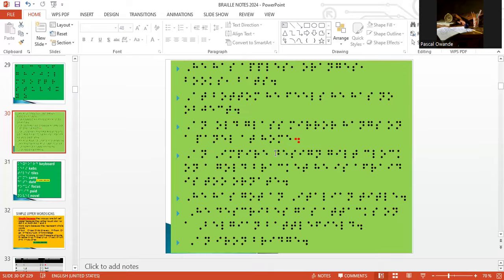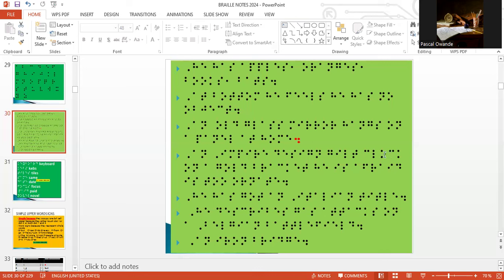D-E-S-I-G-N. An empire design. Then G-I-L-T, gilt, clock, gilt clock.